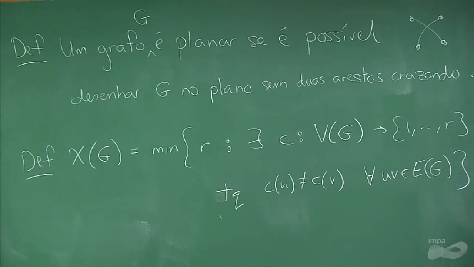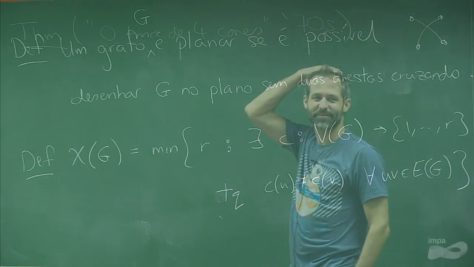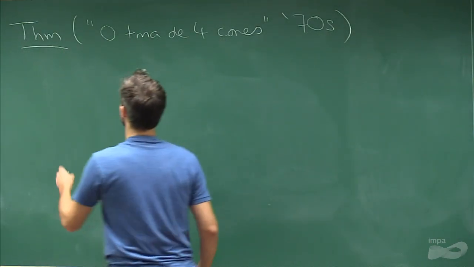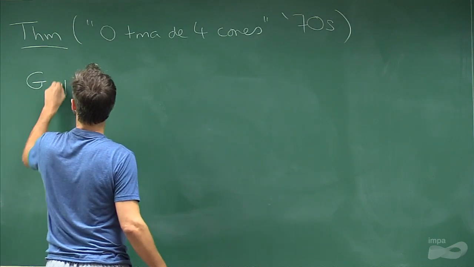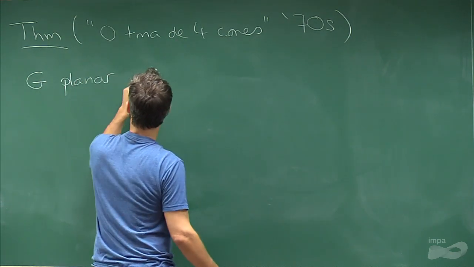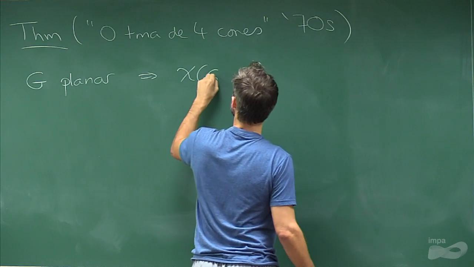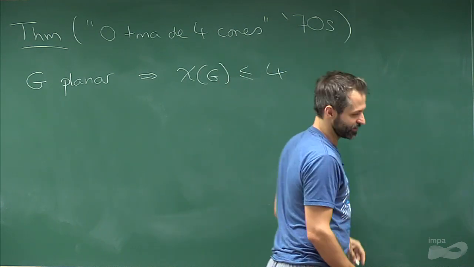So it's a famous theorem, the four-color theorem, proved in the 70s by some people I've forgotten, that for every planar graph, the chromatic number is at most 4.